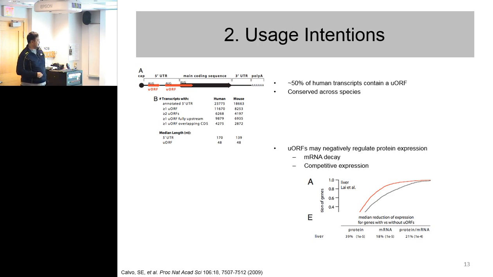The reason why these uORFs and their expression are important is that they may actually negatively regulate protein expression. Two major mechanisms through which it does that: the first is the promotion of mRNA decay. As it's read from this upstream frame into the mRNA, it may introduce a non-canonical stop or something like that, and trigger the nonsense mediated decay pathway.